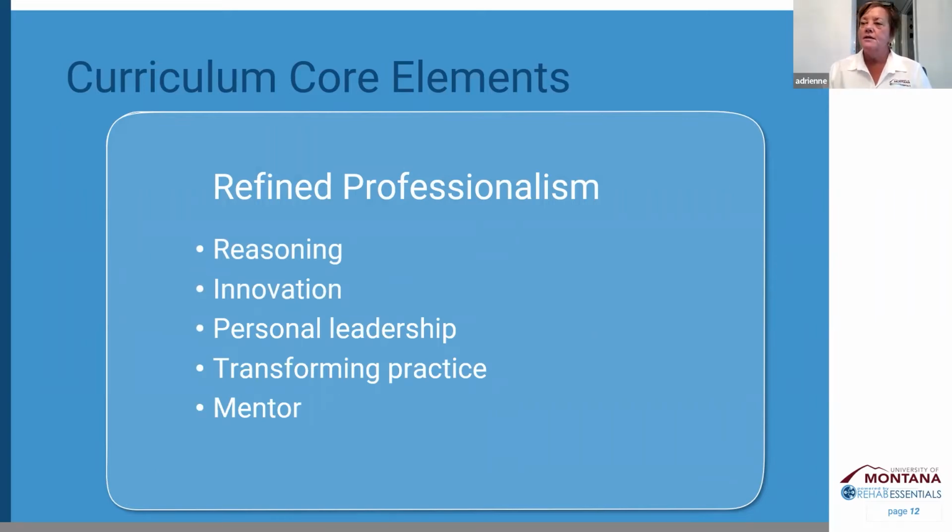And then how do we assist you through the design of the curriculum and the coursework and assignments to be transforming practice, whether locally, nationally, or internationally, and how do you develop skills, and how do we purposely infuse in the curriculum opportunities for you to become mentors and be mentored by others, so that you feel as though you can leave the program with that post-professional doctorate and with the ability to influence others working beside you, influence stakeholders to have faith in the changes that you might suggest, and then influence the profession as a whole within the realm of healthcare.